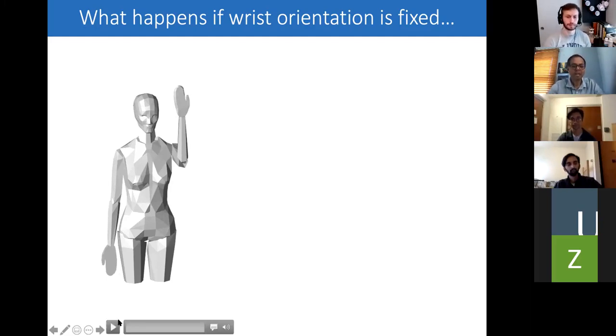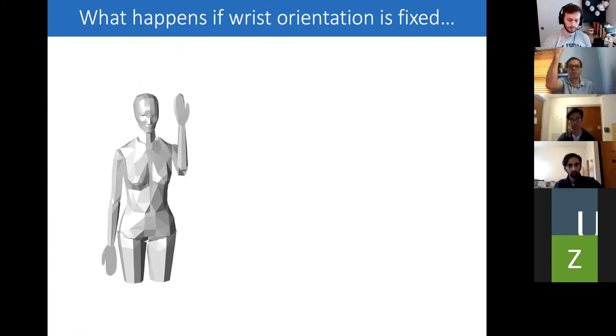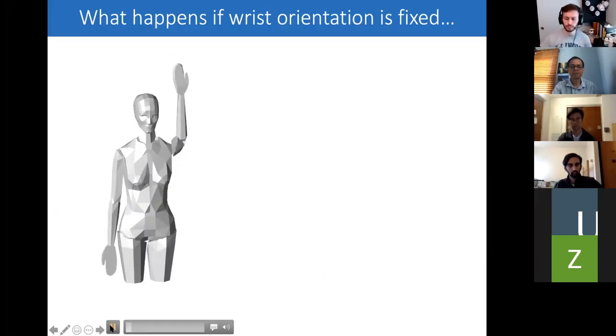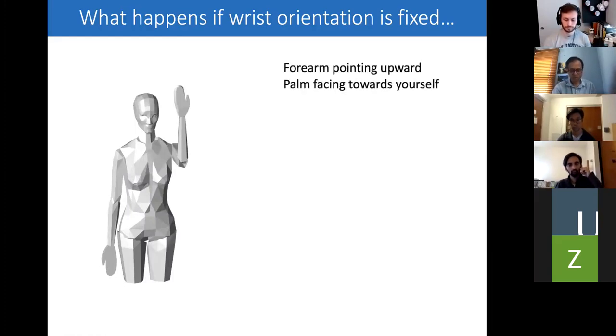So here is an animation of where the user is moving his arm so that the wrist orientation remains upwards. The orientation is not changing. And these are all the motions you can make, but you cannot make any other motions. Now if you look at where the elbow, okay, forearm is pointing upward, palm facing towards yourself.